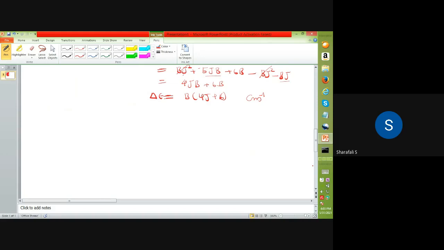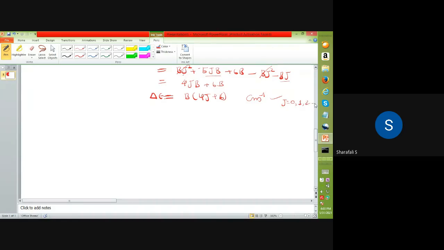Anyway, this is the change in energy between energy levels that we have. So this is the expression for that.